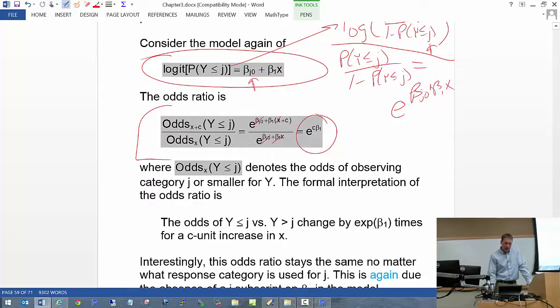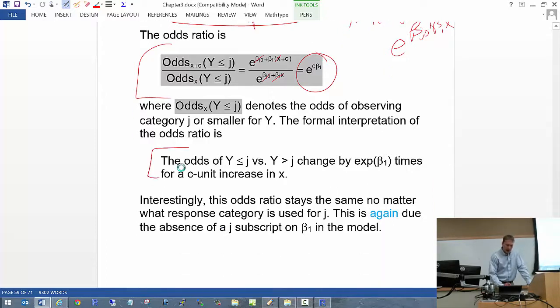So here's how you can interpret it. One way: the odds of y less or equal to j versus y greater than j change by e to the c times beta 1 times for a c unit increase in x. Oops, I'm missing a c in there. Sorry. So basically the same interpretation that we saw in chapter 2, except for how we define our odds there. Of course, in a real problem, you replace y with what it's actually measuring.